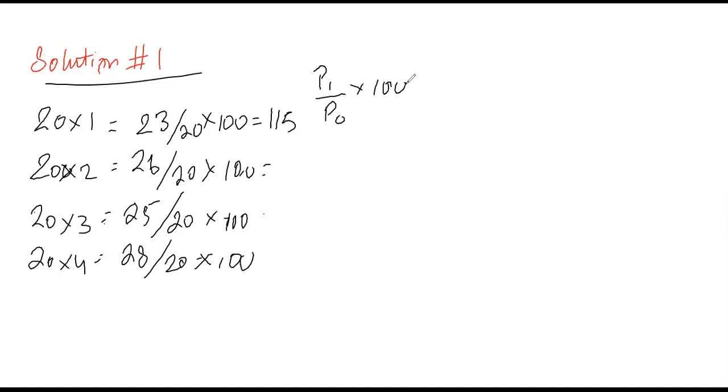The simple index formula is the value of the year for which you are calculating divided by the base value, multiplied by 100. So 115, then we have got 130, then 125, and last but not least 140.